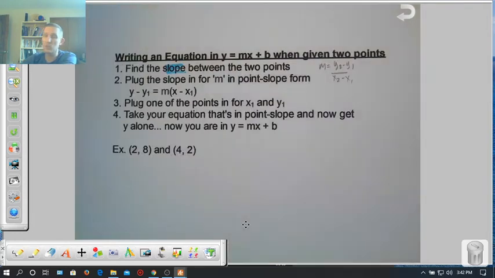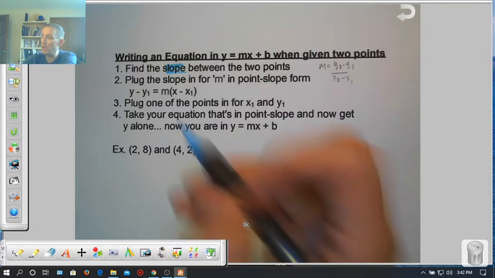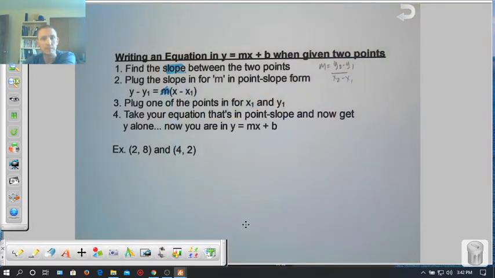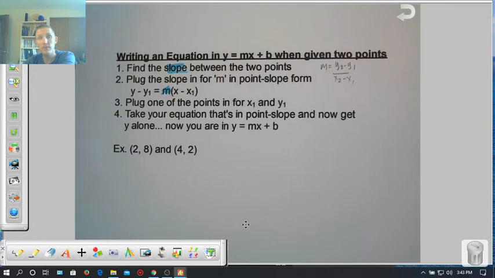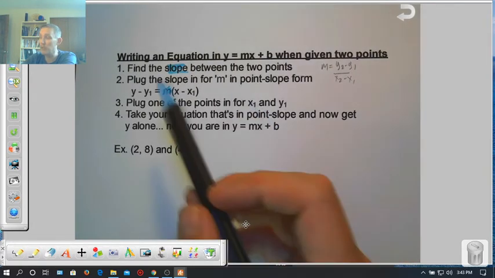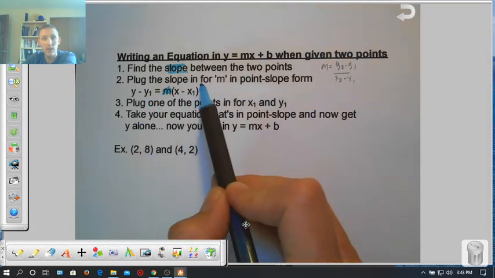Once we find that slope, whatever value we get, we're going to plug that into point slope form for the letter m. So remember, point slope form is y minus y1 equals m, x minus x1. And we're going to plug in for the letter m. After we have that plugged in for the letter m, the next key is that we're going to have to replace the y1 and the x1.